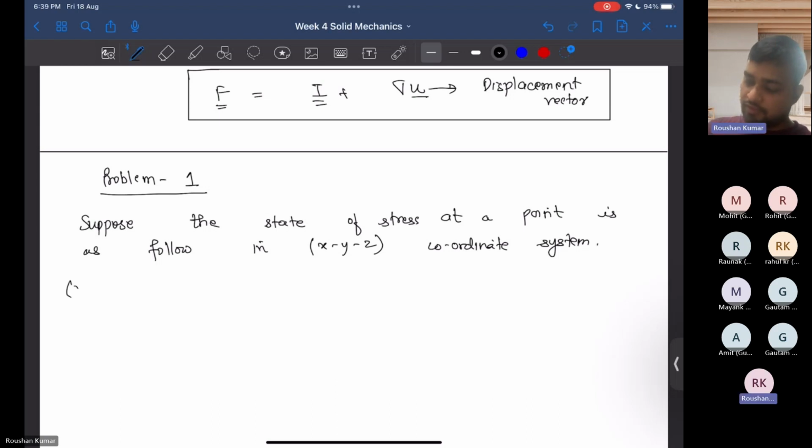The first question is, find out the center and radius of the corresponding Mohr circle.